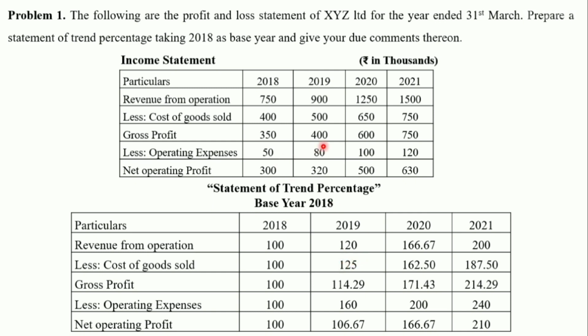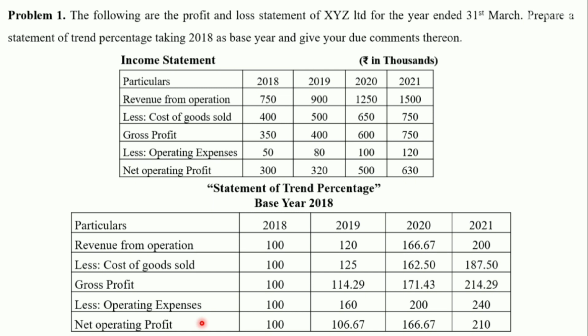Now 2020 cost of goods sold is 650 divided by base year figure 400 into 100, that will give 162.50. 2021 cost of goods sold is 750 divided by base year figure 400 into 100, that will give 187.50. Likewise we are going to calculate for the gross profit, operating expenses and net operating profit. Clear? That is how I have calculated the trend ratio.